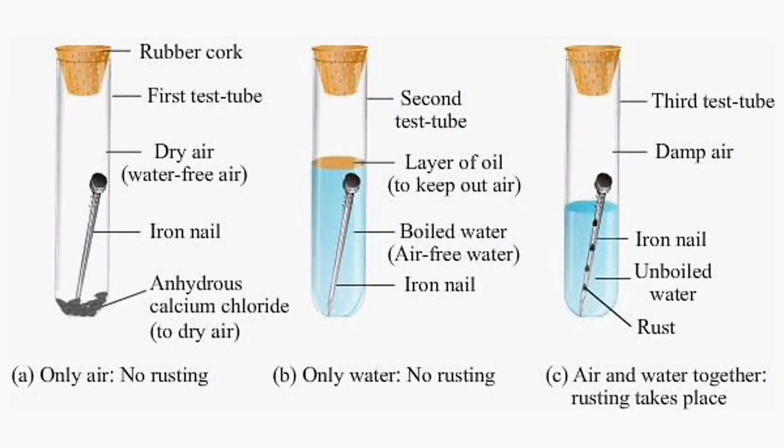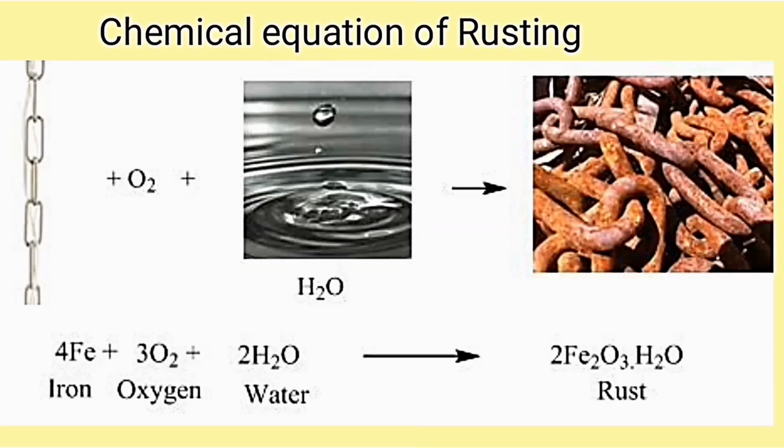So, the chemical equation for rusting can be presented as Fe plus oxygen plus water. We get Fe2O3, which is iron oxide.